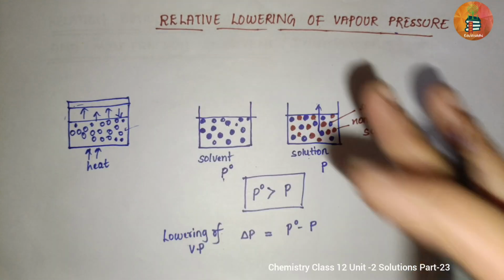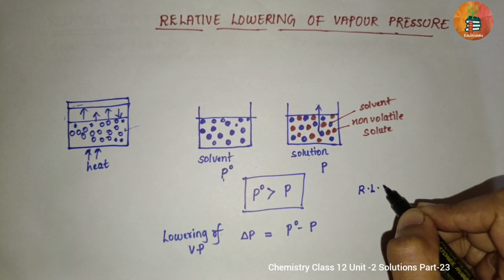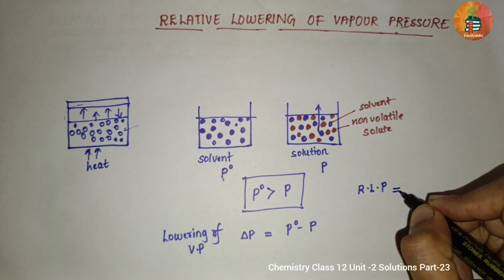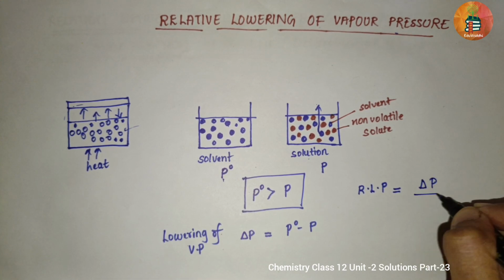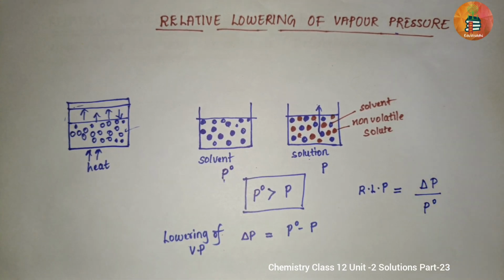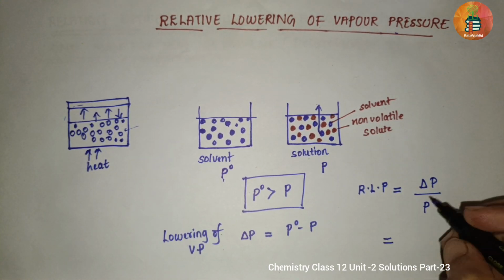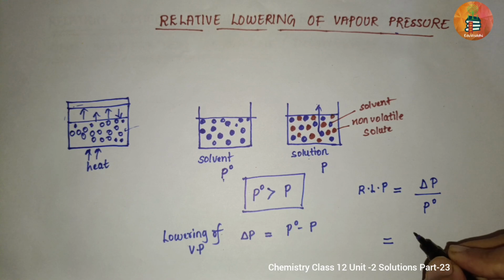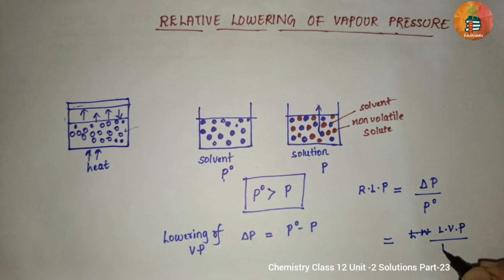Now what is relative lowering of vapor pressure? Relative lowering of vapor pressure is the ratio of the lowering of vapor pressure to the vapor pressure of the pure solvent.